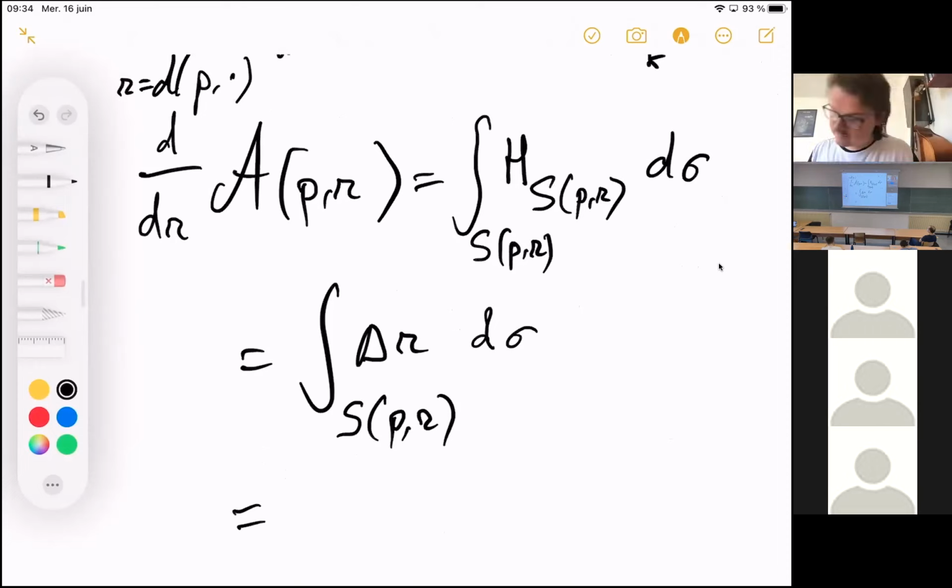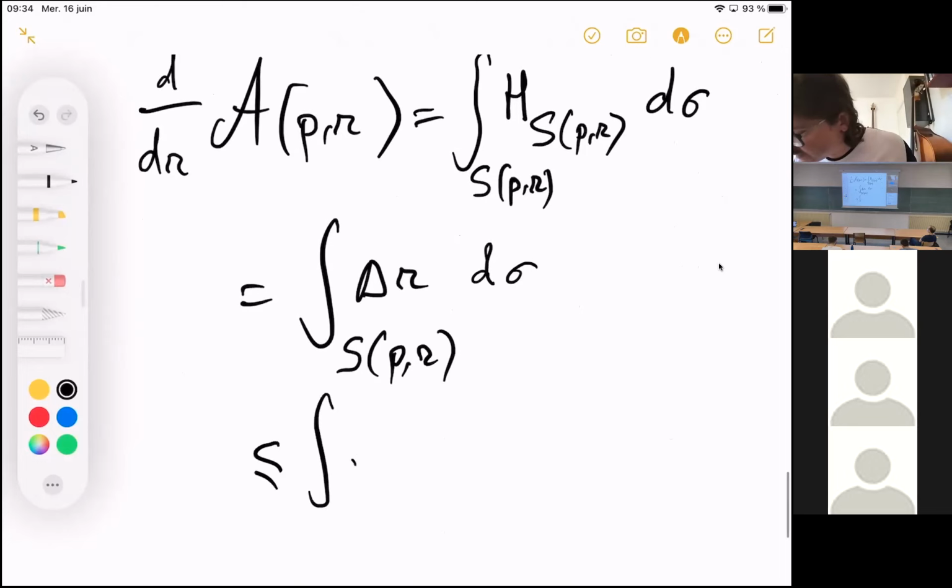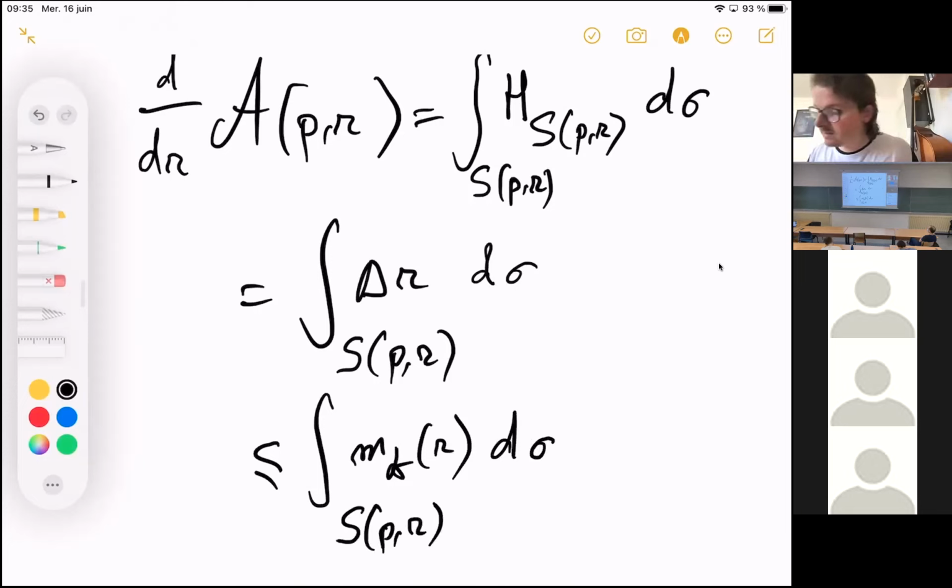And this is less than what it is inside the model space.